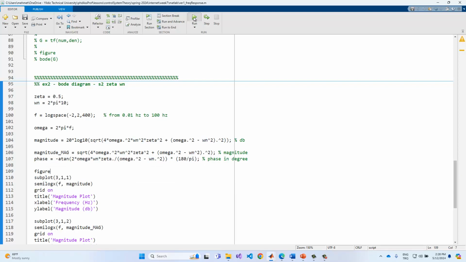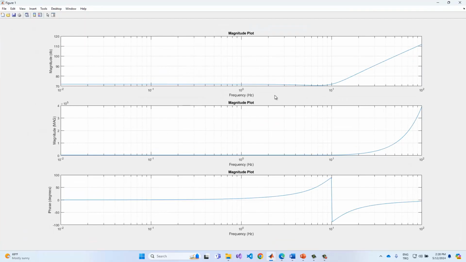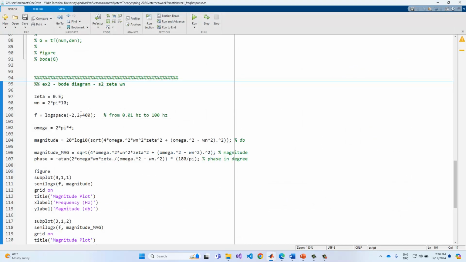Okay, and so if you rerun this code, what we can see is that the magnitude is 700, and the magnitude is also at a value this high for this one.